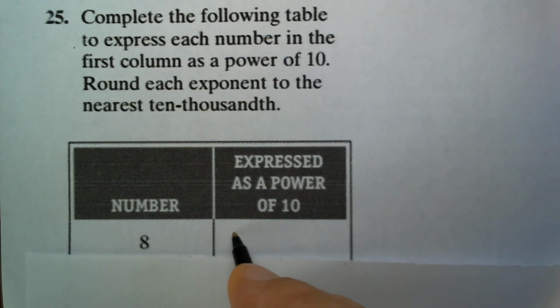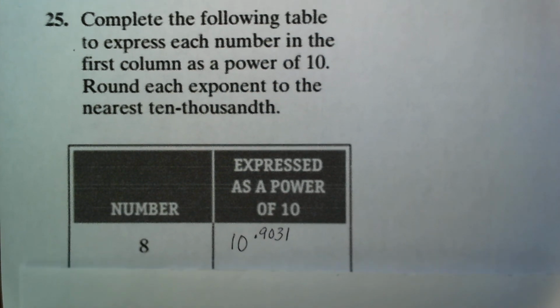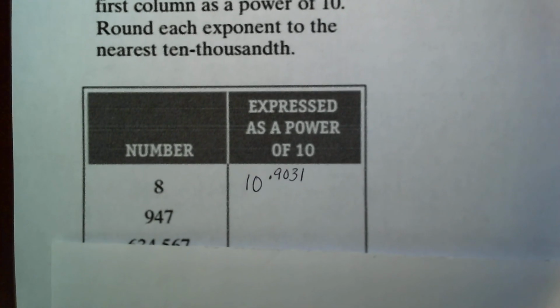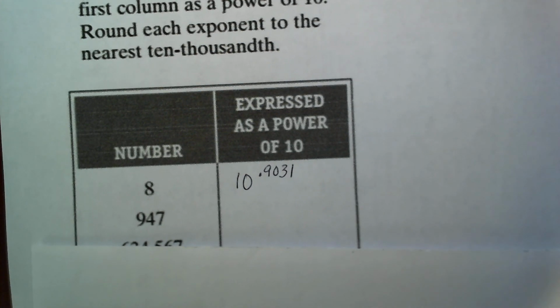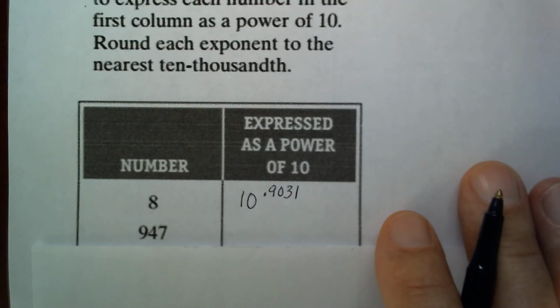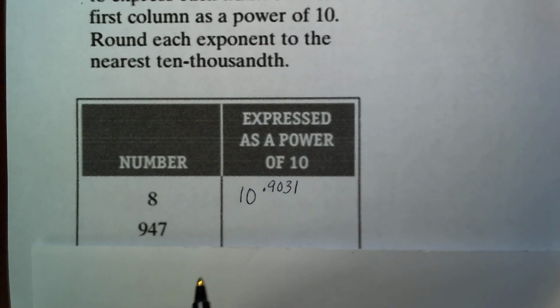So in other words, it would be 10 to the 0.9031. For the next number, 947, we know that it's a power of 10 between 2 and 3, because 947 is between 10 squared and 10 cubed, 1,000.